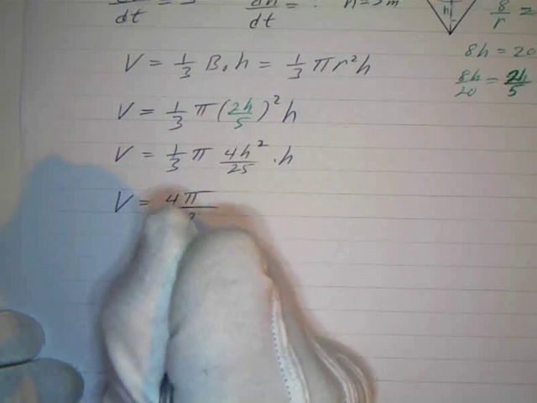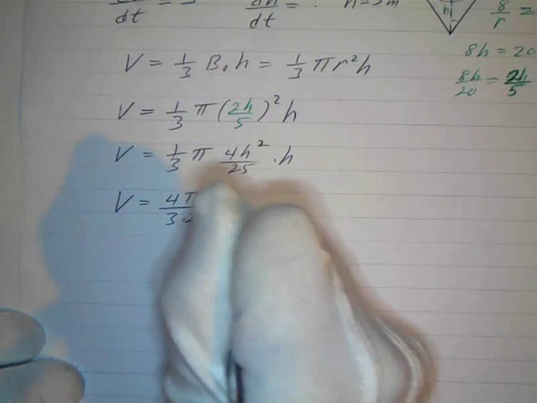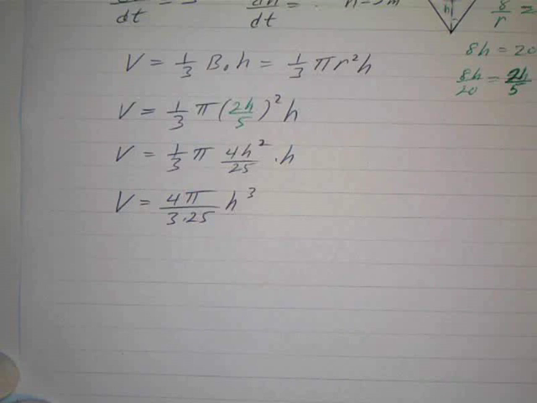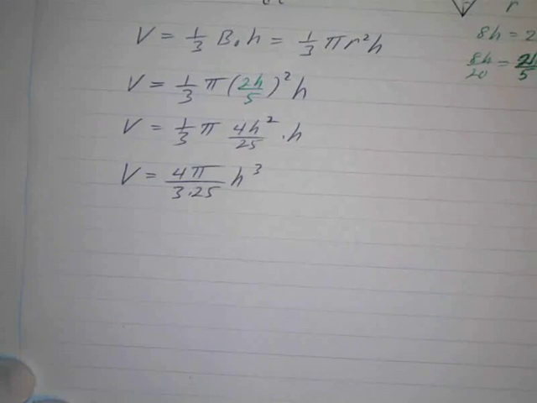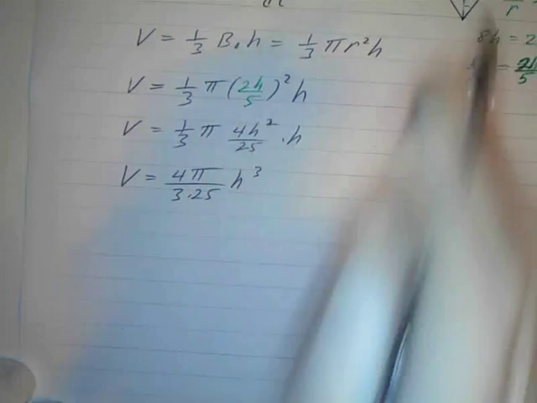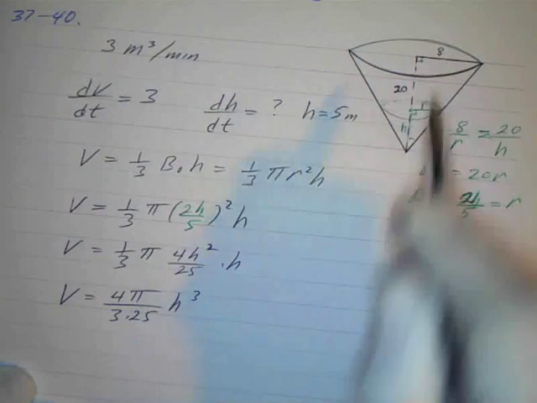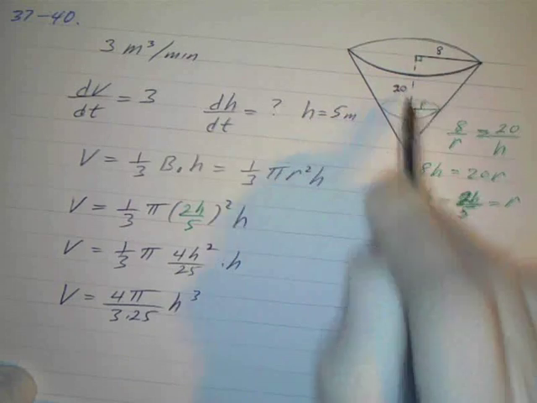So V equals, put this over here, 4 pi over 3 times 25 h cubed. And I'll take the derivative. Now I've got it in terms of one unknown, and I can take the derivative. So this is a good mathematical model for this situation. And we have this relationship between the radius and the height.